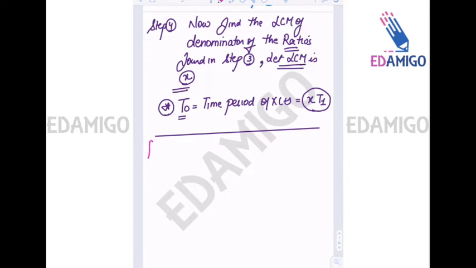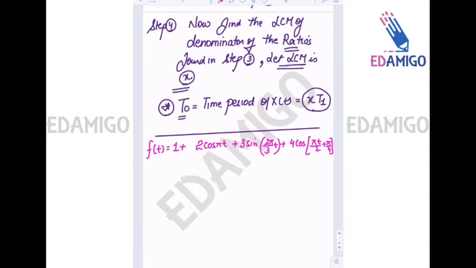Okay. So it is given that f(t) is equal to 1 plus 2 cos pi t plus 3 sine (2 pi by 3) t plus 4 cos (pi t by 2 plus pi by 4).